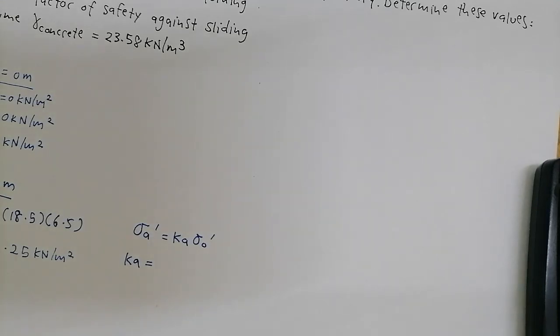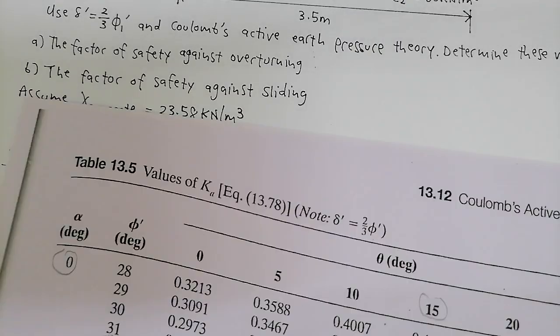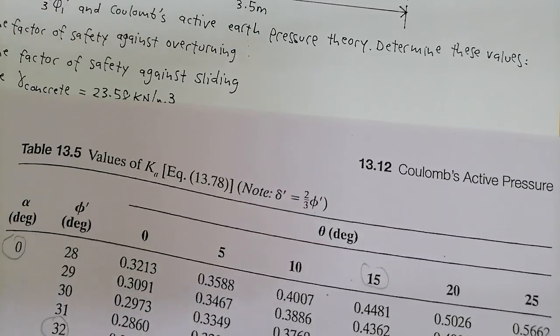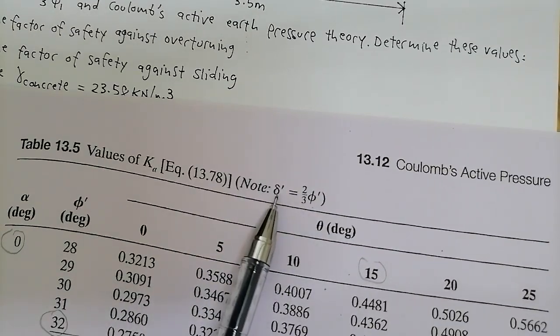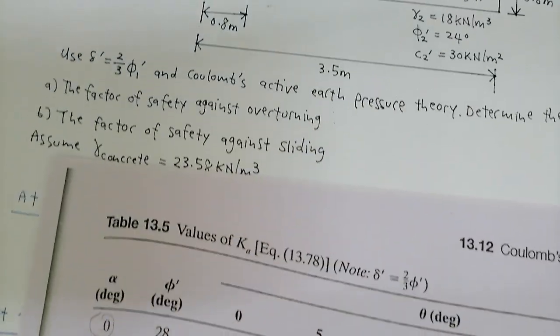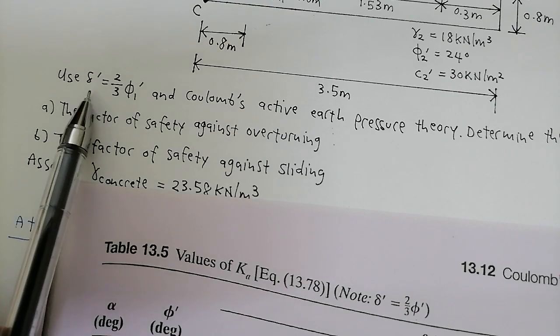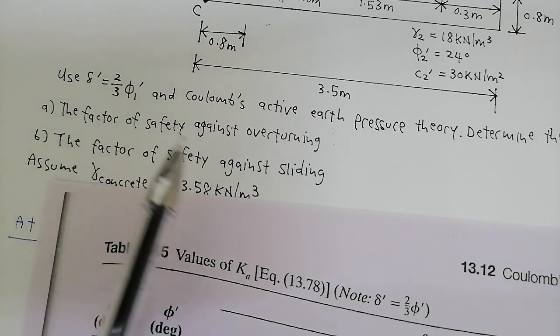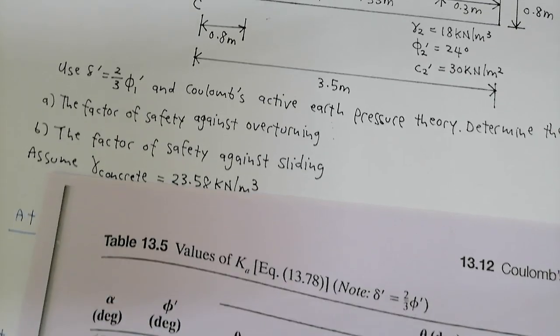So we have to use this table, I believe table 13.5. See, delta prime is 2/3 of the friction angle. So this is the right table that we have to use.